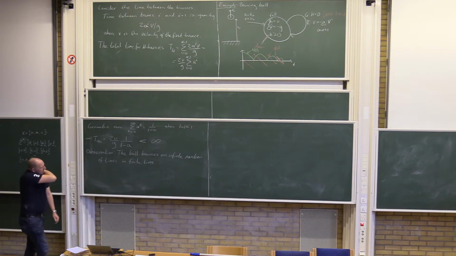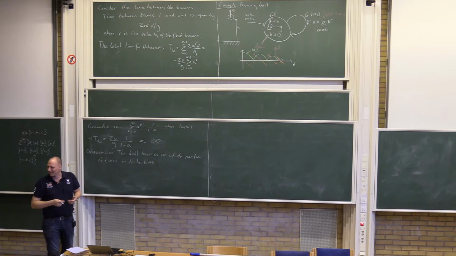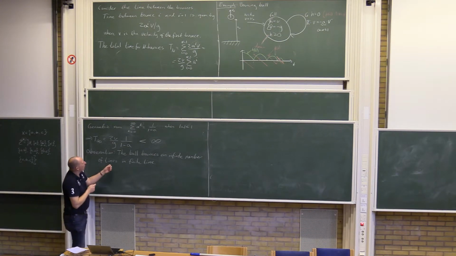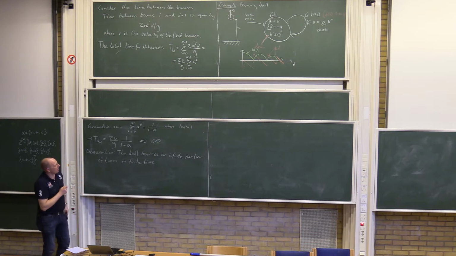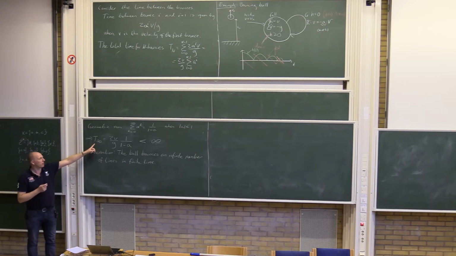Okay, so this is problematic for at least two reasons. First of all, there will be an infinite number of mode switches, which will be complicated if we try to simulate the system, because in computers we can only deal with finite things, right? And it's complicated for another reason: what is the system beyond this t infinity?